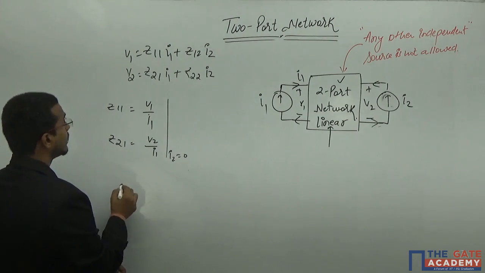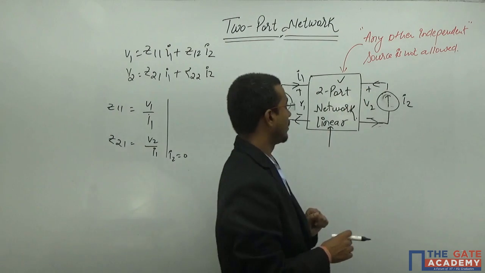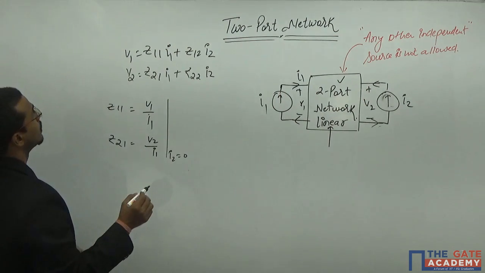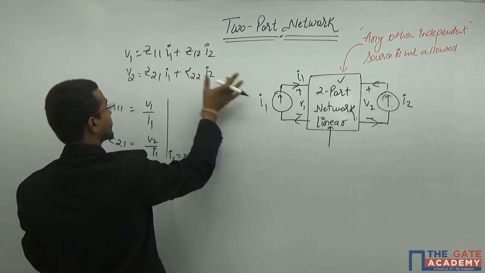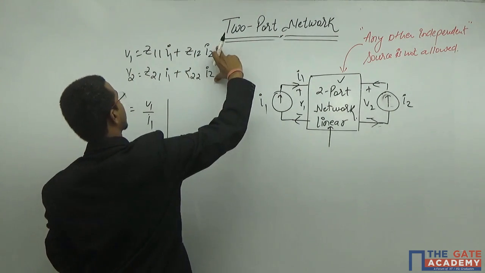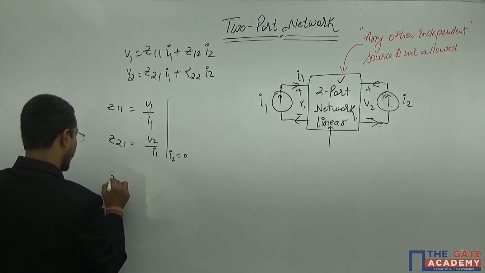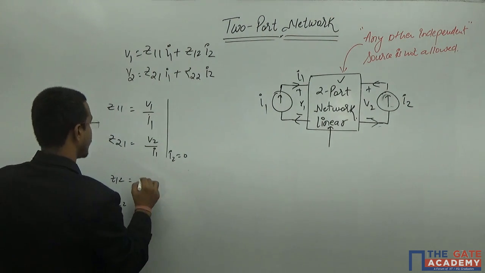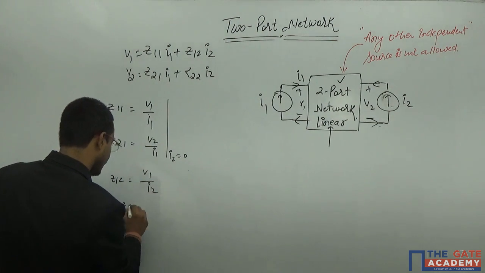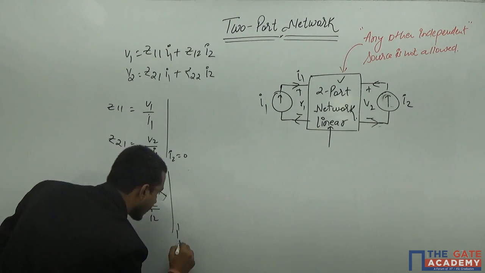And in the second case, you will remove this particular part and you will calculate the response just because of this particular current source, and you will get Z12 and Z22 equal to V1 divided by I2 and V2 divided by I2, and the condition is I1 equal to 0.